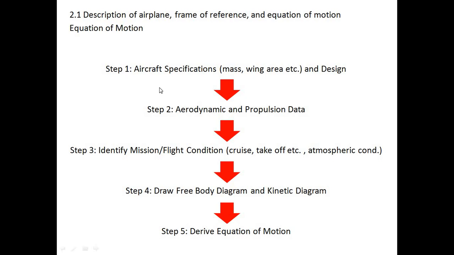You need to have a specification of the aircraft and the design. We need to find out the aerodynamic and propulsion data: the lift, drag, and moment coefficients, and the amount of thrust of the aircraft. Then we identify the mission and flight condition of the aircraft, and draw a free body diagram and kinetic diagram.